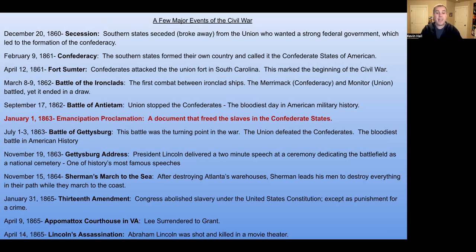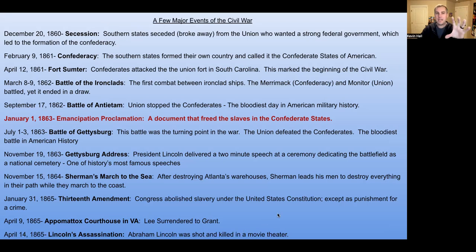He was killed by an actor from the South while he was watching a play in a theater in Washington, D.C. And so Lincoln would not be the leader that ends up restoring the country back together again. It's going to be up to his vice president, Andrew Johnson, to become president and bring the country back together. We're going to spend some time talking about that next week.